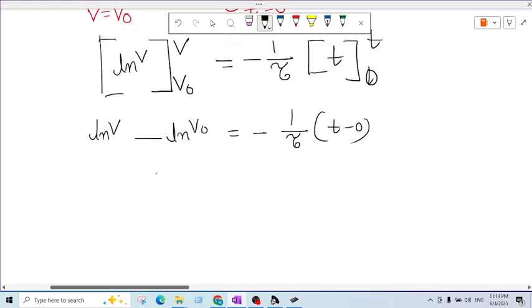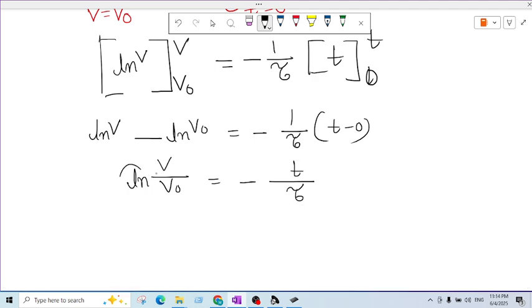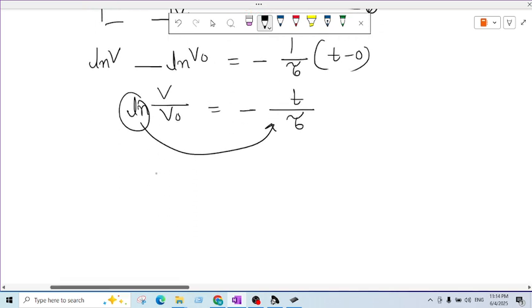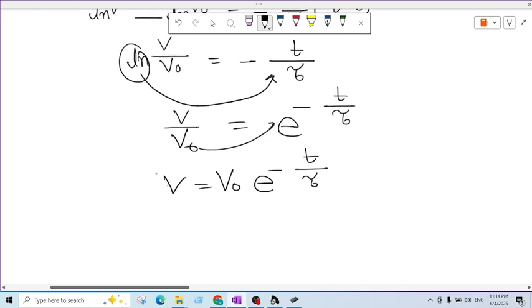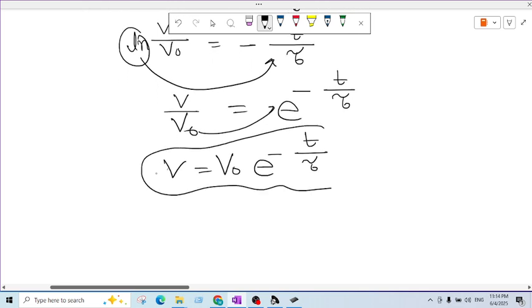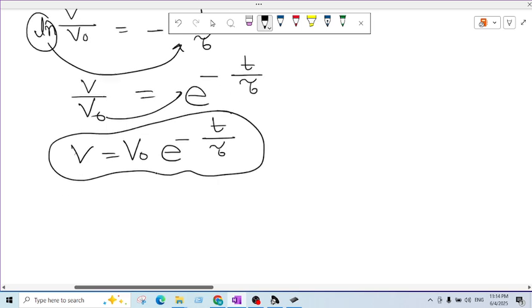So I have an equation that looks like this. Now take the ln here, we will get e to the power minus t by tau, and now v naught here, so v equals v naught e to the power minus t by tau. So this is our equation, and it's an exponentially decaying function, right?